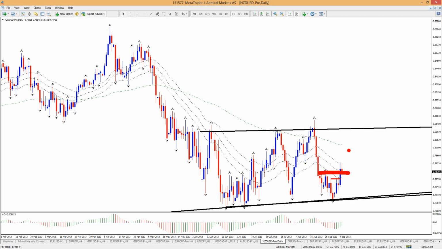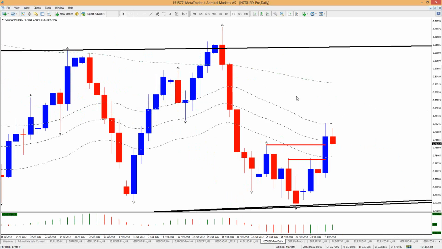That is not the case in New Zealand, because if we zoom in here, it does have a close above the high, right? So I agree. It took out yesterday's, or not yesterday's high.